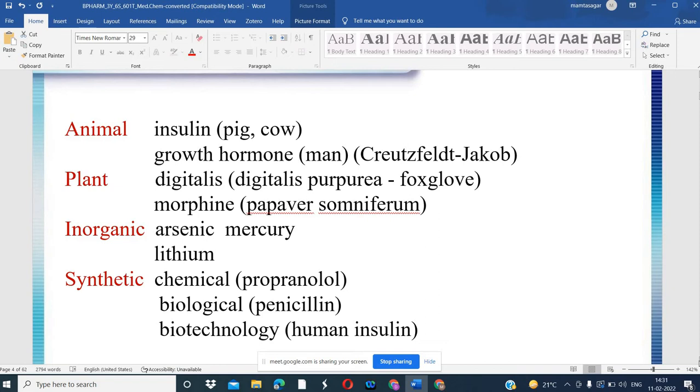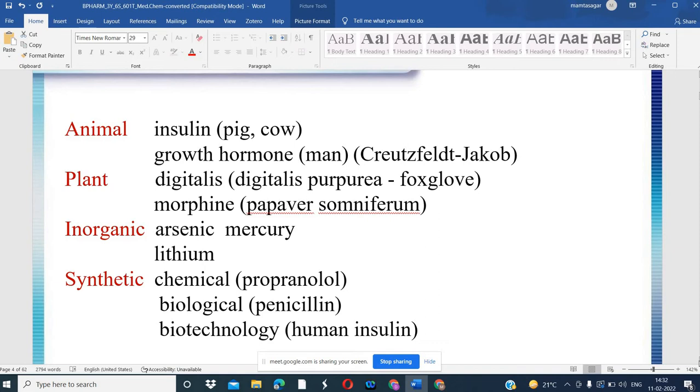Biological is penicillin. The source of the penicillin antibiotic is biological. Biotechnology is the name of a brand, this is not the source. Human insulin, we also use some technology to isolate the insulin.